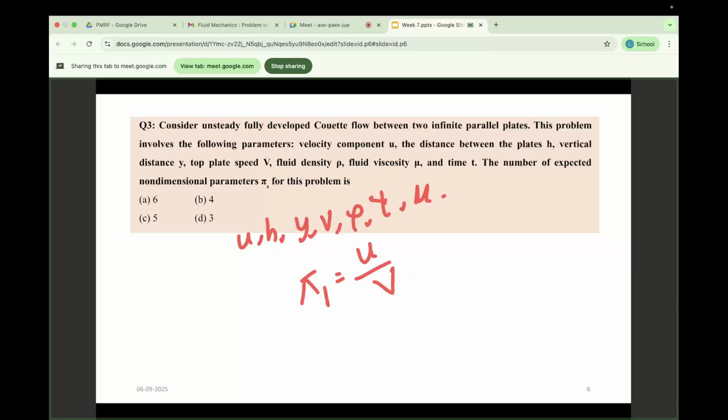U by v I can write, so it is a non-dimensional form of velocity. Pi 2, as height is given, so I can write this as, for your simplification, y by h.